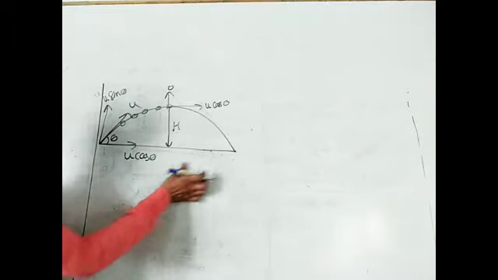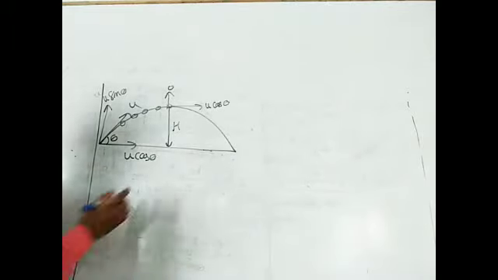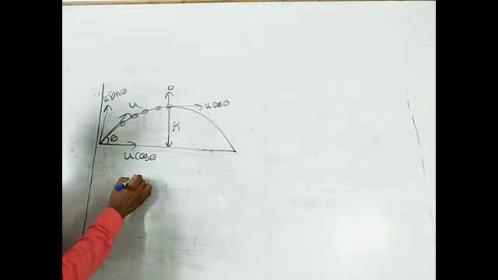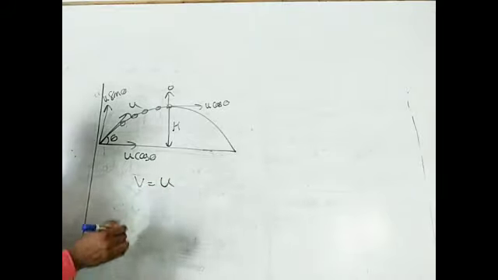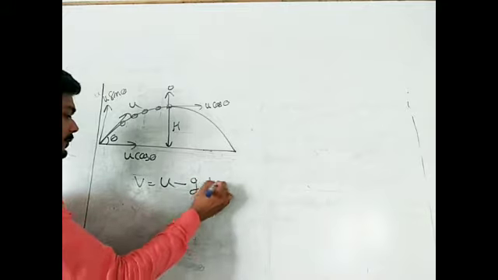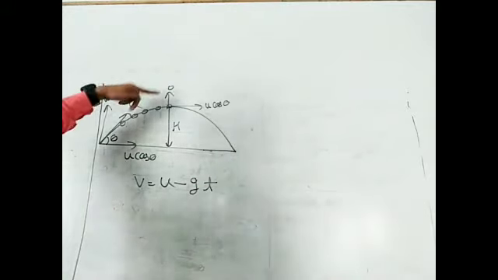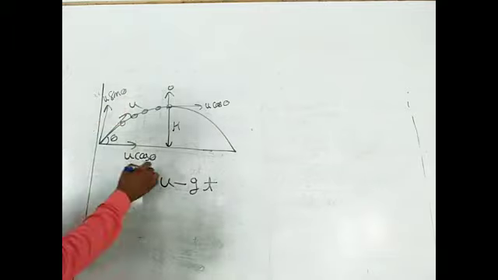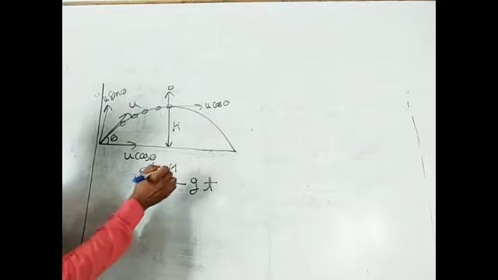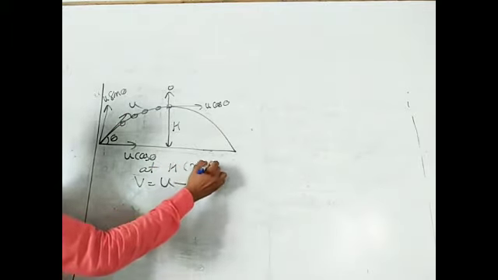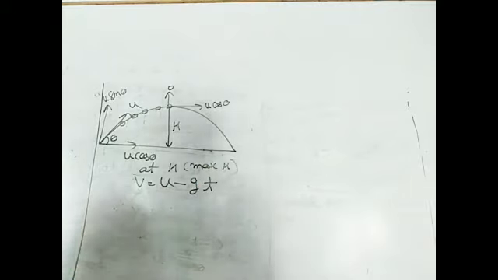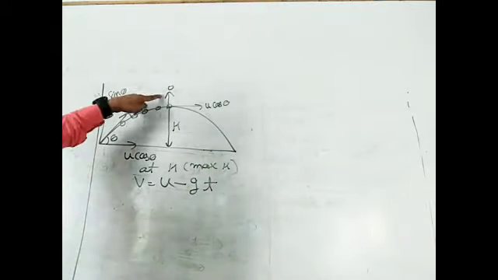Then students, we are applying the formula v is equal to u minus gt. For vertical motion at h, which is maximum height, v sin theta will become 0.